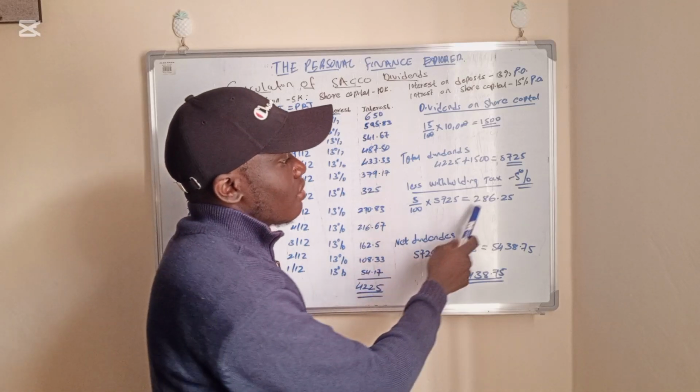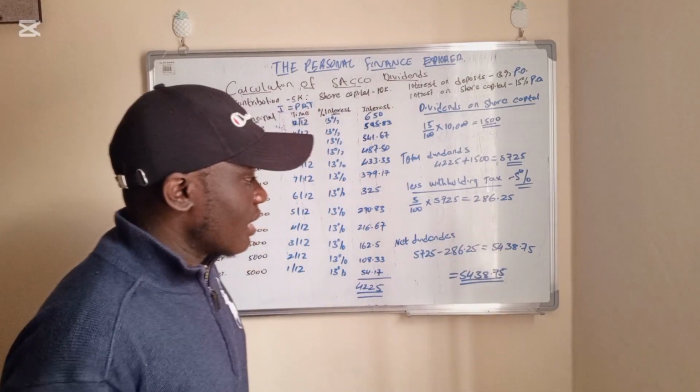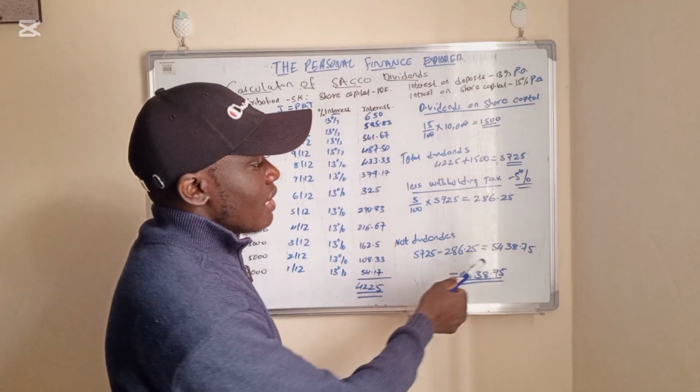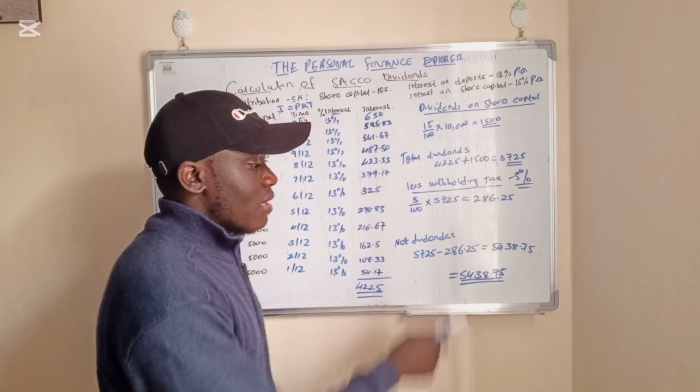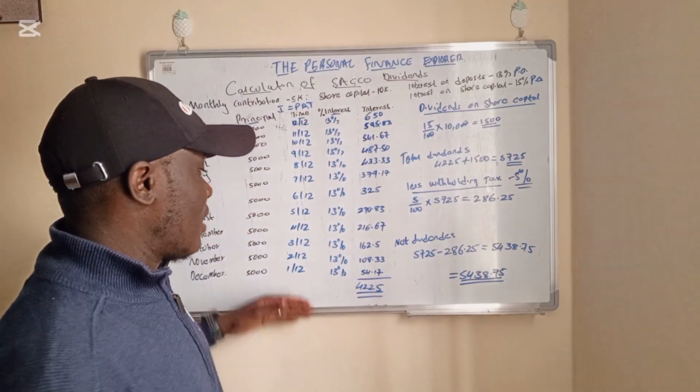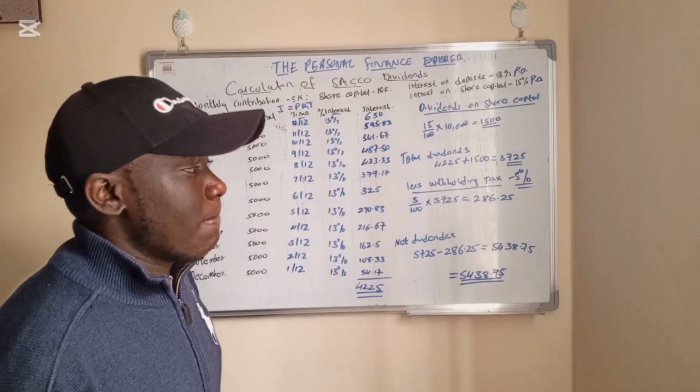So 5% of that is withheld as tax, and our net dividends will be what you get at the start of January for the year that ended.